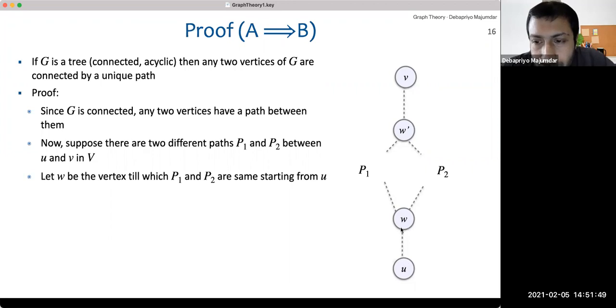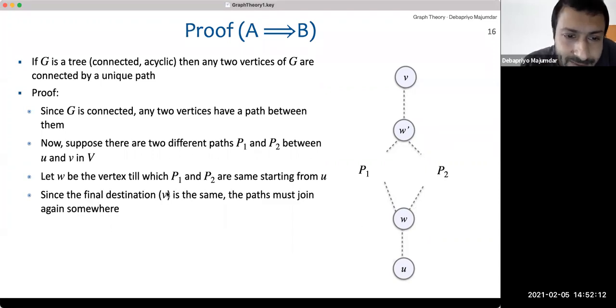So from W, the two paths go in two different directions for the first time. That means these nodes are not the same anymore. There has to be some nodes which are different, otherwise the two paths would not be different, right? So W is the last vertex after which they bifurcate for the first time.